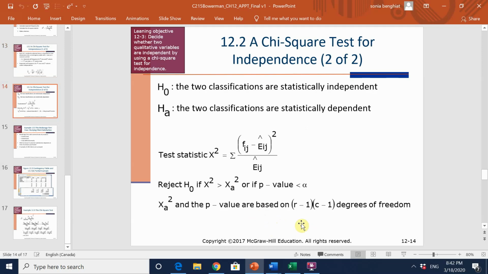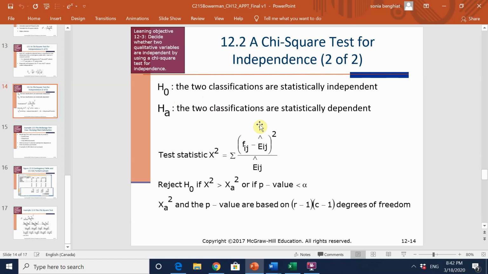So the proper format, if we are going to conduct a hypothesis test, is to write out first the null hypothesis. In this case, the null hypothesis states that the two variables or the two classifications are statistically independent, and the alternative says somewhat the opposite.